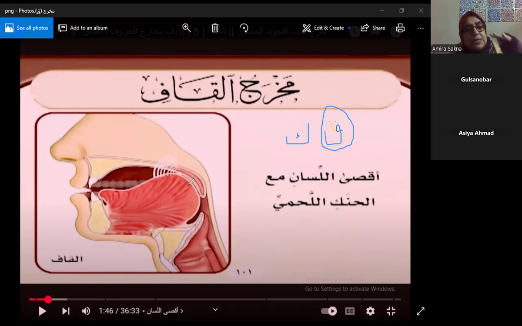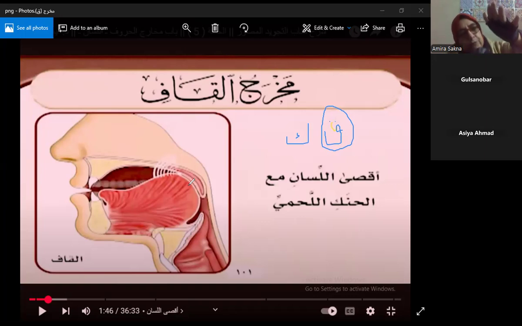The back of the tongue is going to leave the soft palate with a degree of force. First, the back of the tongue is raised to make full contact with the soft palate, no space, full contact. And then the back of the tongue will leave the articulation point with a degree of force.